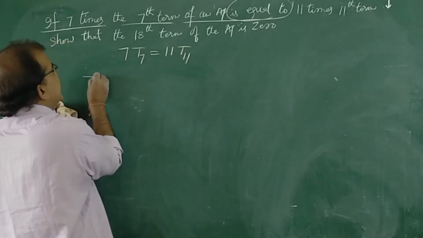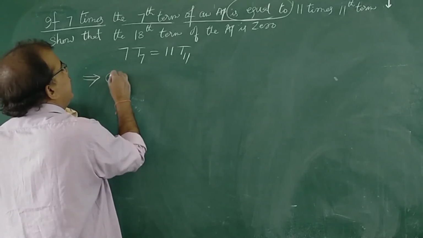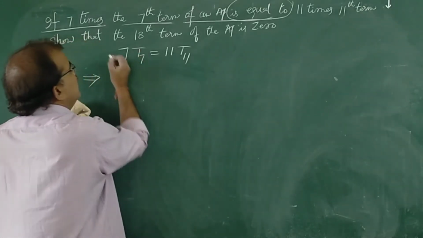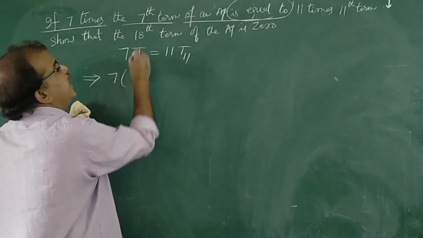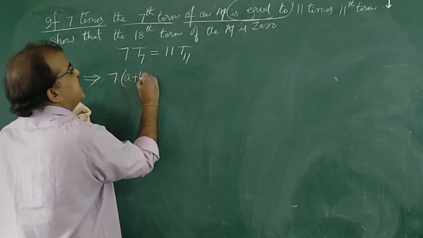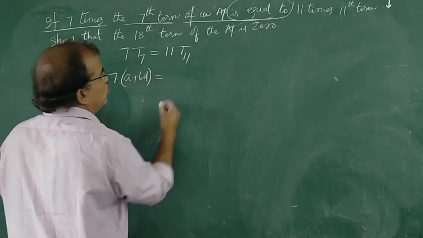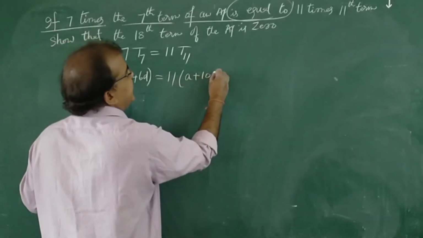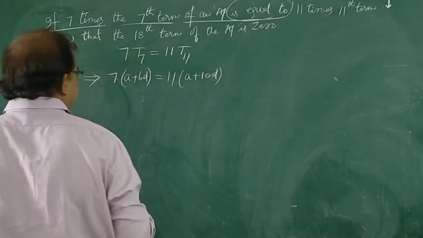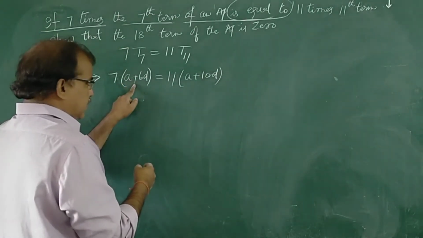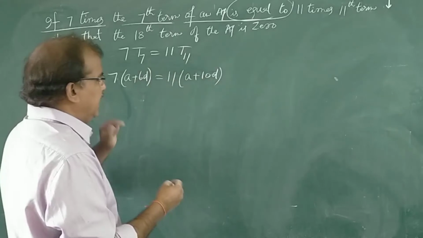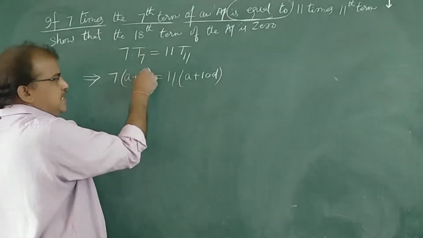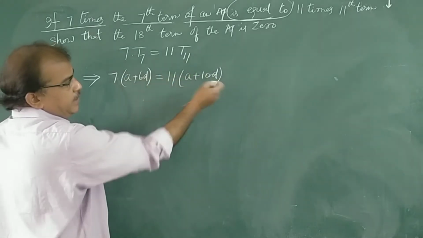So by using the formula, 7 into (A plus 6D) is equal to 11 into (A plus 10D). That is, 7 into T7 equals 11 into T11.